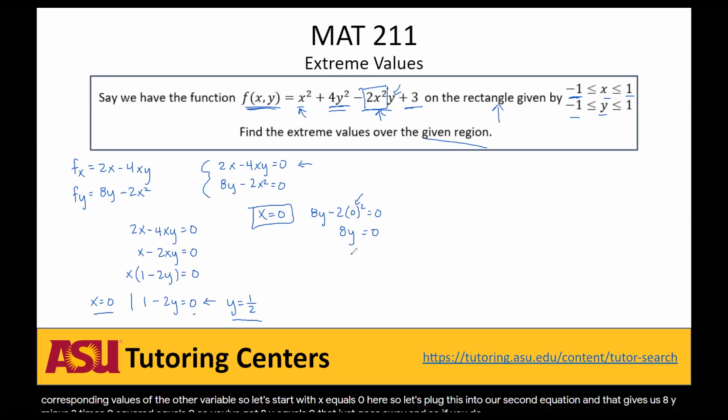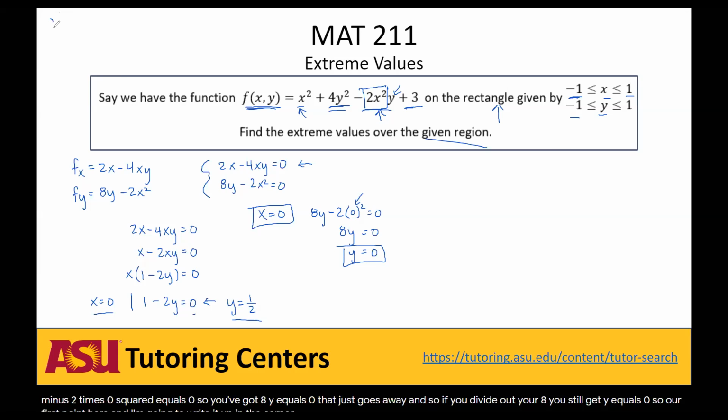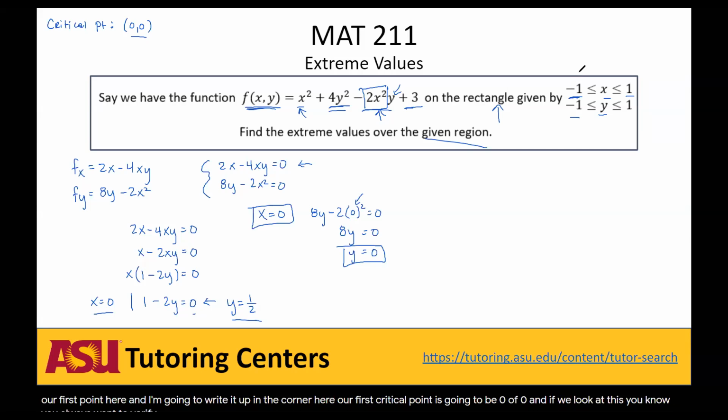And if you divide out your 8, you get y equals 0. So our first critical point is going to be 0, 0. And you always want to verify that every one of your points is going to be in your range here. And we see that 0 is right in the middle of our x and y values.